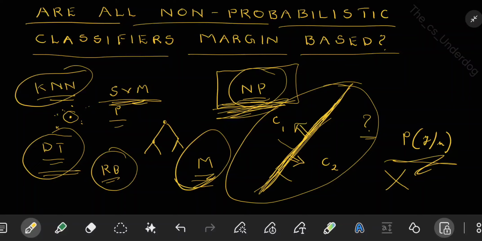But the other way around is not right. If it is not probabilistic, that doesn't necessarily mean it is margin based. It can be margin based, and it can also be these other classifiers as well. So the answer to the question is no. Not all non-probabilistic classifiers are margin based.